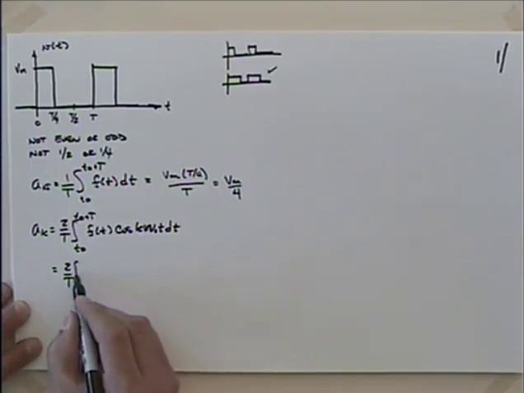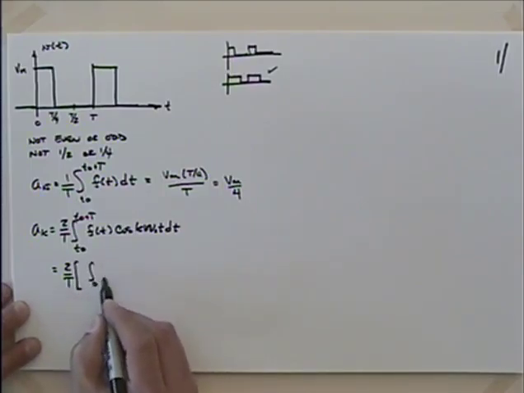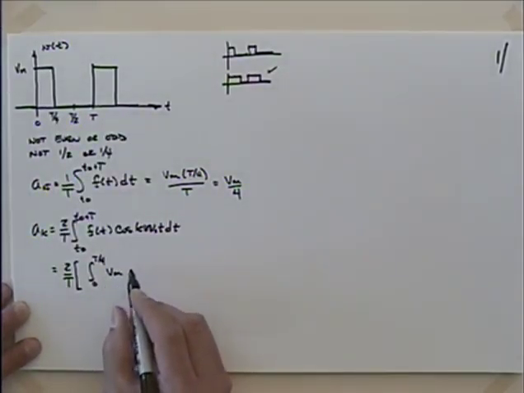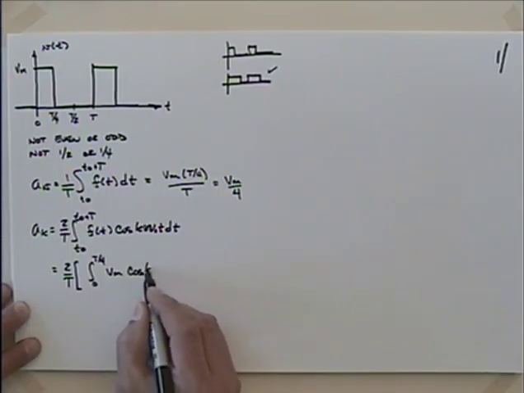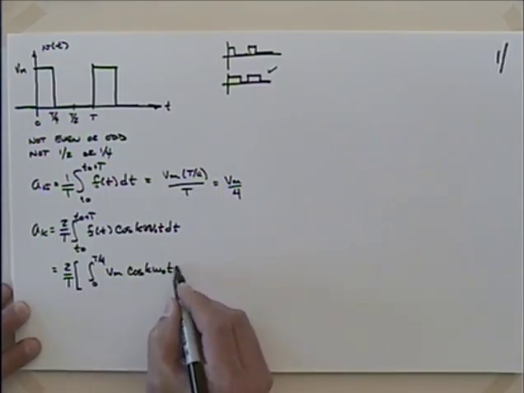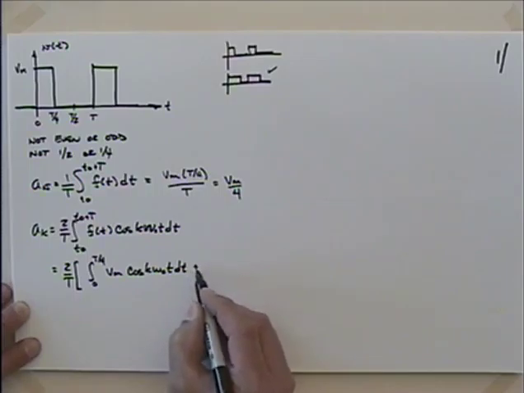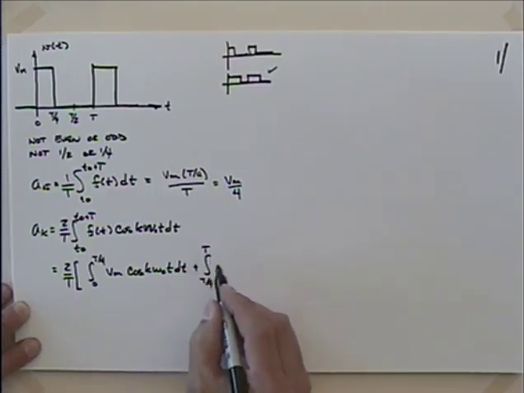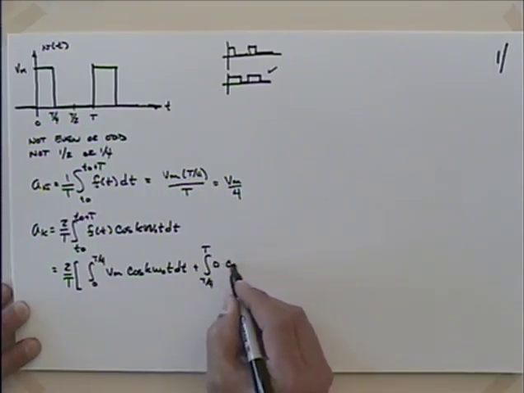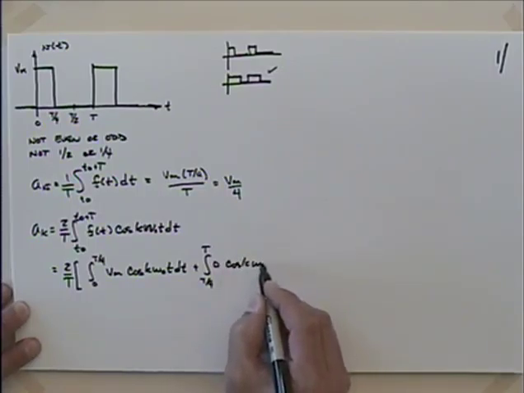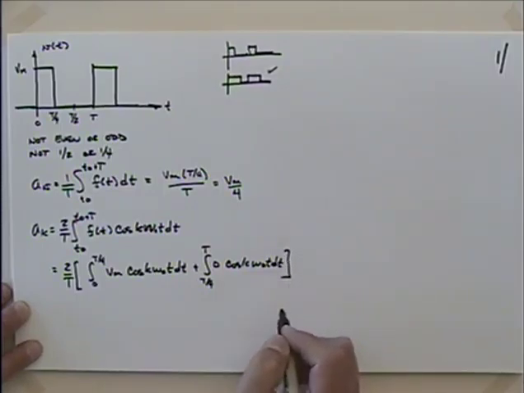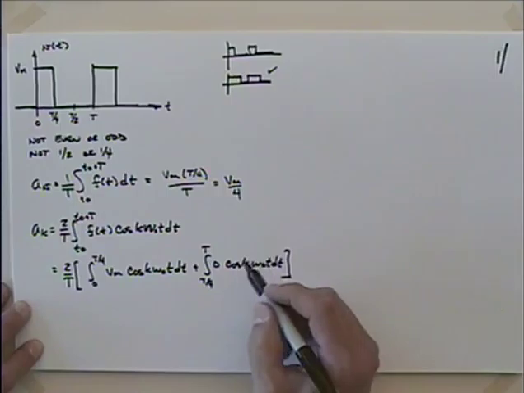So we end up with something that looks like this, 2 over T, and then I have to break this thing up, don't I? I'm going to go from 0 to T over 4, and that function is Vm times the cosine of k omega naught t dt, and I have to add that then to the integral from T over 4 to T of 0 cosine k omega naught t dt, which this second part turns out to be what, 0?